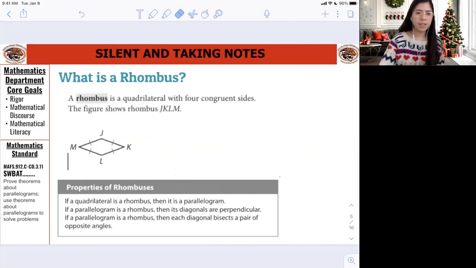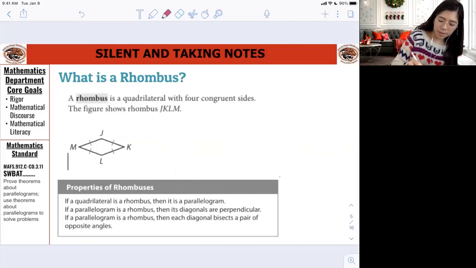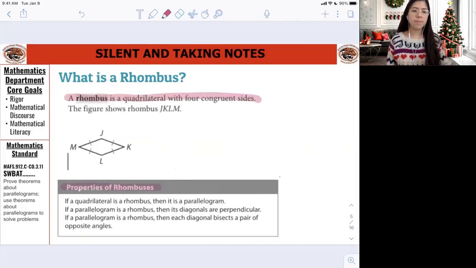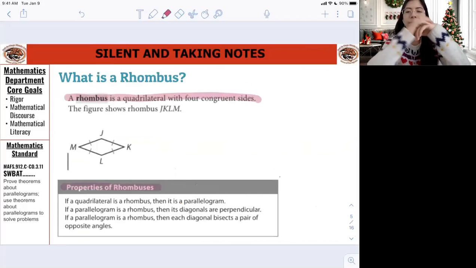Who would like to read the definition of a rhombus, as well as the properties of a rhombus? Jalen? Okay, Jalen, go ahead.